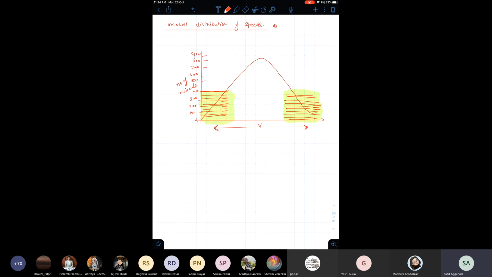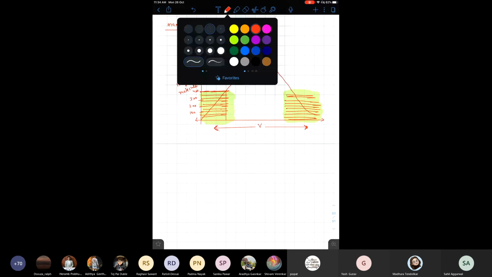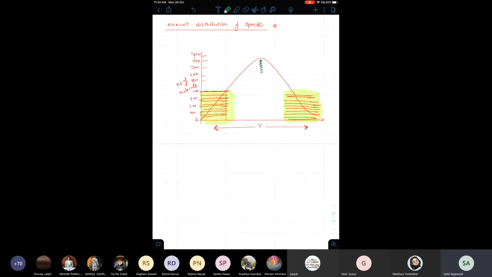If you have thousands, crores and millions of molecules, then a very small proportion will have very low velocity, and a very small proportion will have very high velocity. Maximum number of molecules have some intermediate velocity, which is neither too high nor too low.